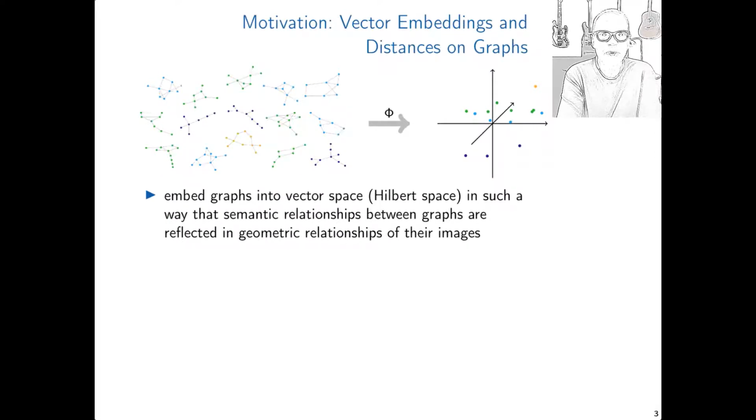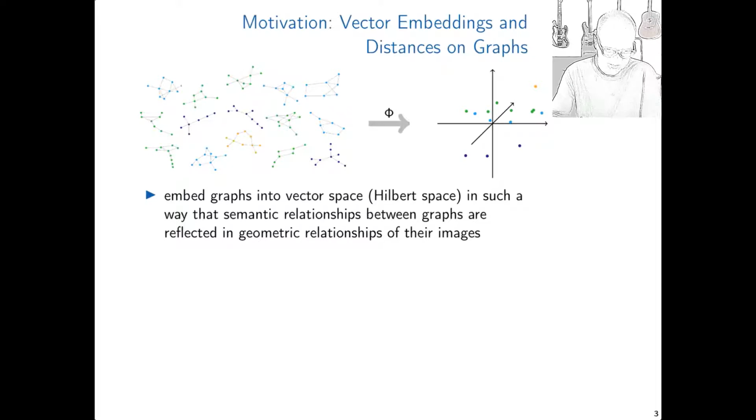One of the main motivations is to consider vector embeddings of graphs. Vector embeddings are just embeddings of graphs into some vector space, which should be a Hilbert space, that is, have an inner product, doesn't have to be finite dimensional.